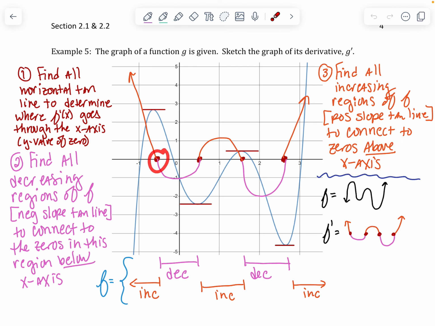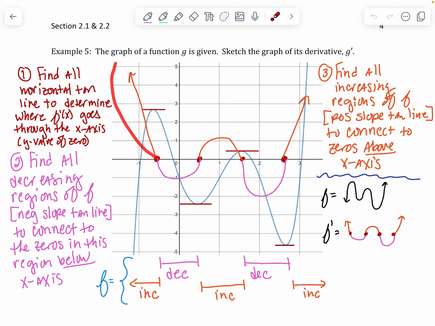So as I look to the left of the point I've drawn, my graph is headed all the way uphill until I get to that first horizontal tangent line. That means all of these tangent lines that I'm drawing have positive slopes. My graph is increasing. So when I want to draw to the left of this point, I want my derivative to be above the x-axis, which this orange line is.